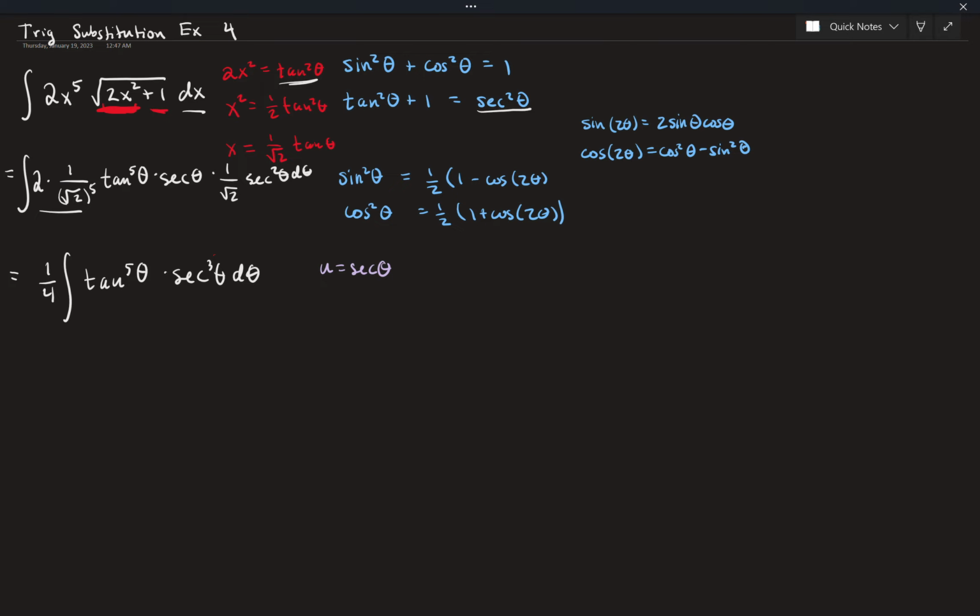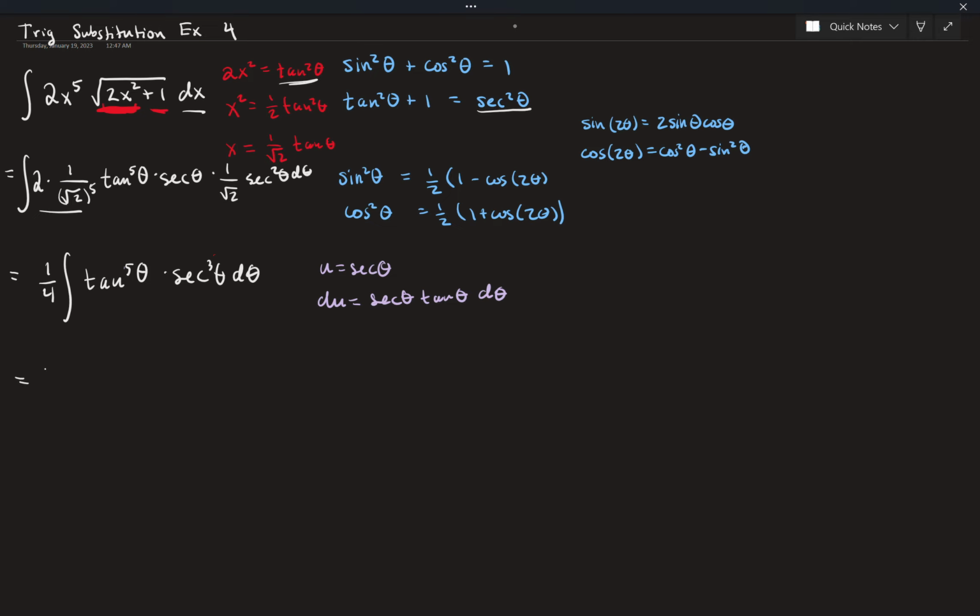If I want to let u equal secant theta, I'm going to have to take out one of the secants and one of the tangents to make up for the du. So that'll leave me with 4 tangents and 2 secants. And then the tangents, because it's an even power, I can make them back into secants with the Pythagorean identity. So that's sort of my short-term reasoning there. Once I do that, du will be secant theta, tangent theta, d theta.